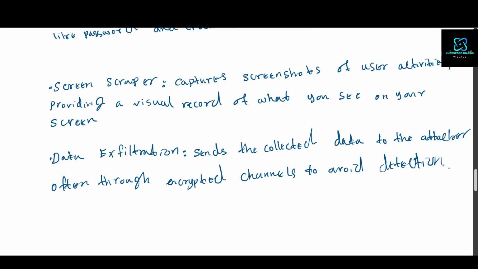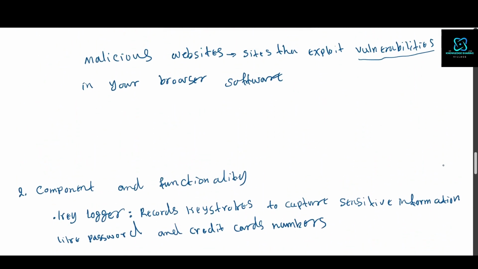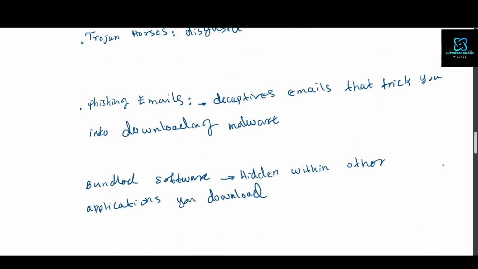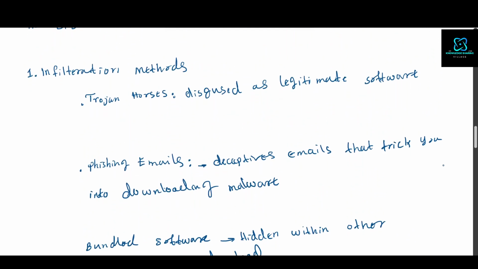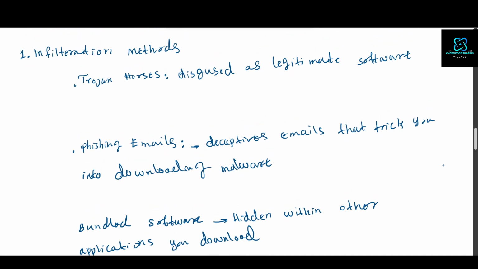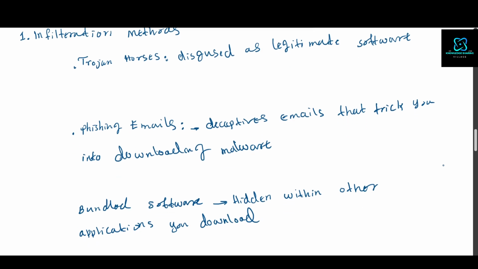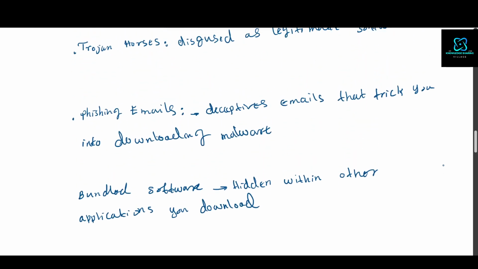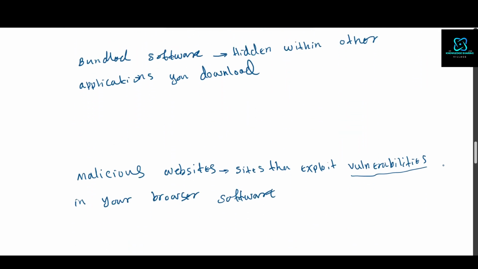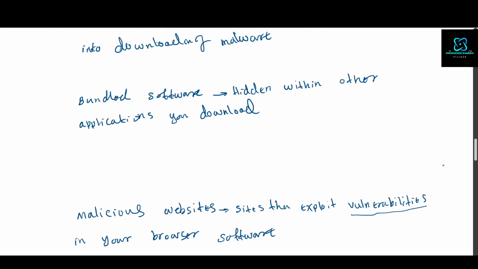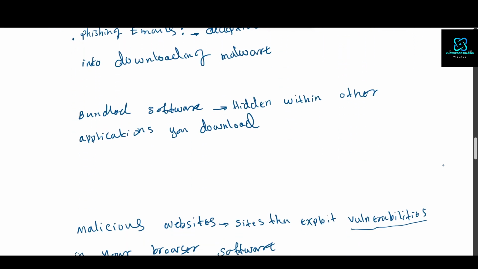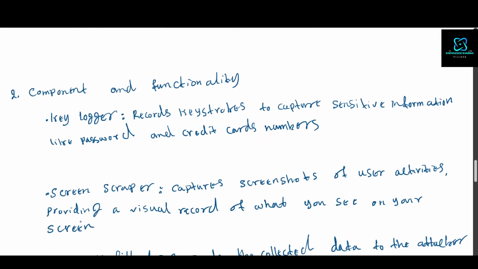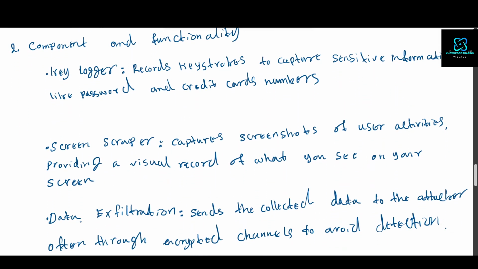So up until now, when it comes to how the spyware work, we have learned two categories. The first is the infiltration method, which we have mentioned, 1, 2, 3 and 4 infiltration methods, right? Then the second category was about key components that each spyware may have or may use.